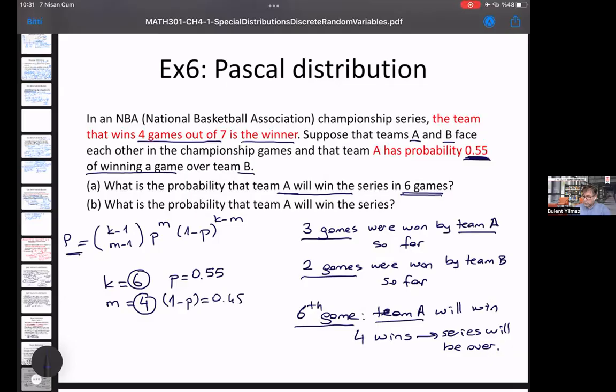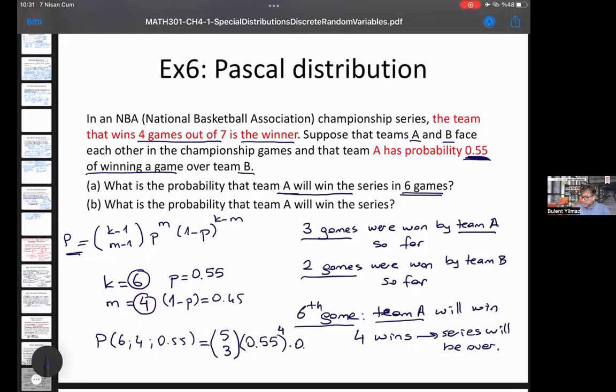Now I'm going to apply this formulation, the Pascal distribution. The probability of obtaining 4 wins in 6 games with a probability of 0.55 will be equal to K minus 1, 5. Out of 5 games, I need to win 3 games. Team A won 3 games. And for winning 3 games, finally I will have 4 games to win.